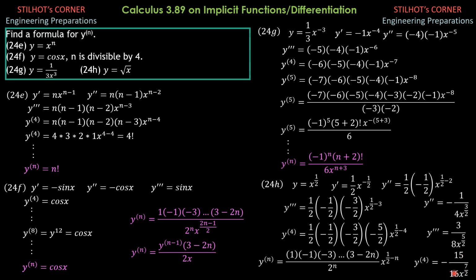Then 8 times 2 is 16. Then x to the 5 halves times x is x to the 5 halves plus 1, because we have x here. So that checks.